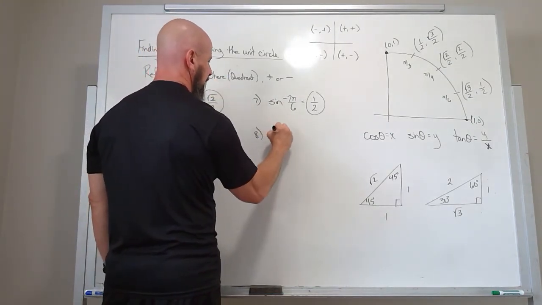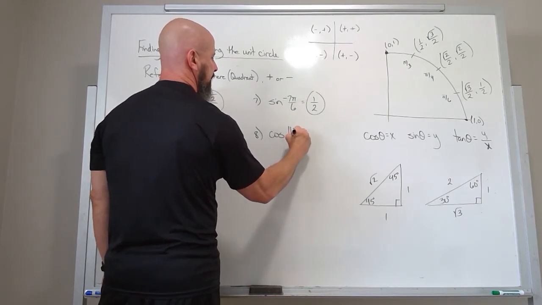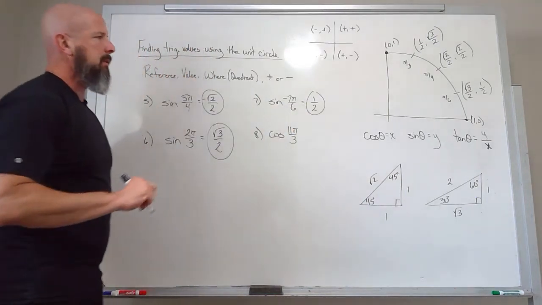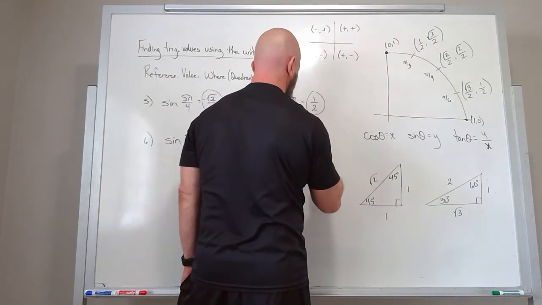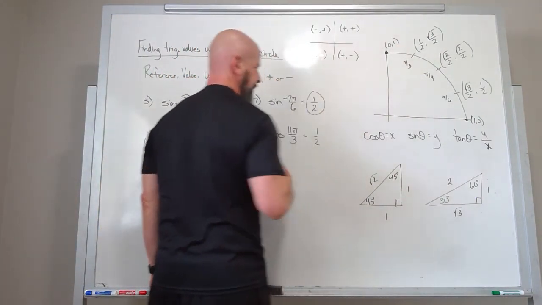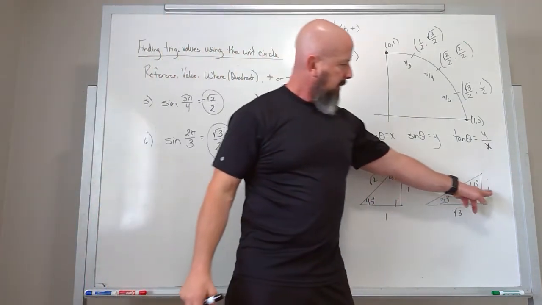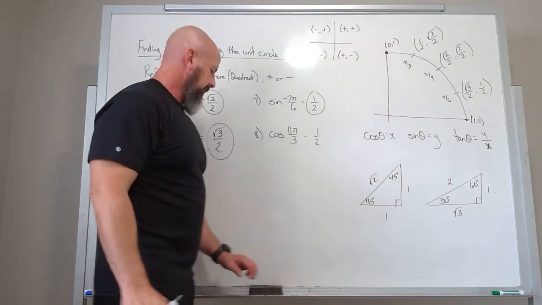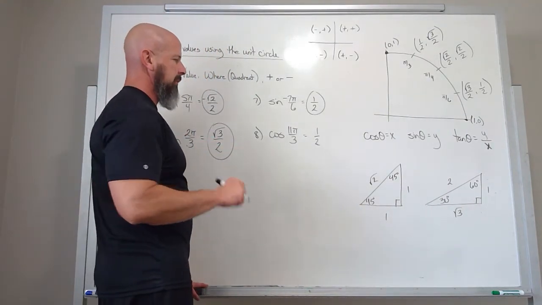Let's go cosine of 11 pi thirds. So I switch back to cosine. Pi thirds, x value at pi thirds, 1/2. Your triangle, adjacent over hypotenuse, 1/2. And again, this takes quite a bit of practice, just working through the process.